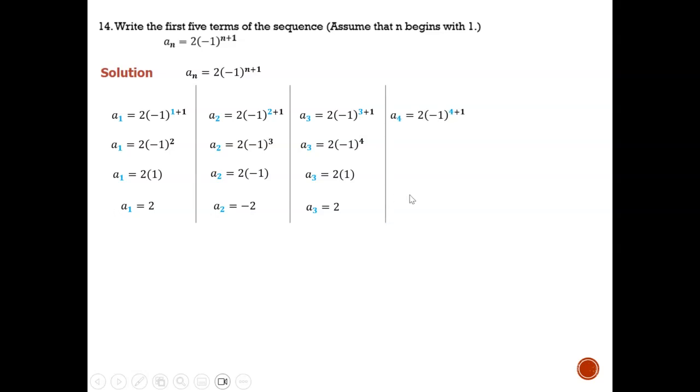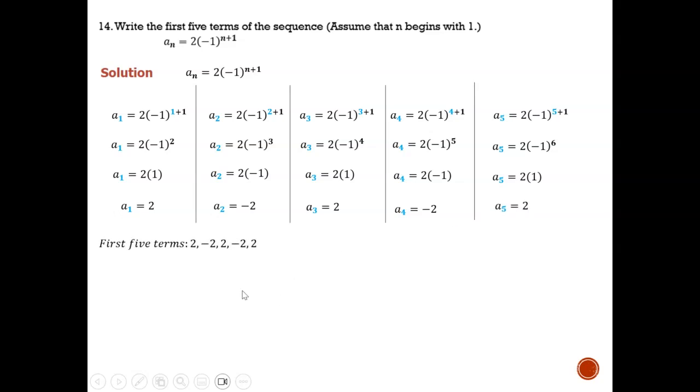Then A4 is going to be negative 2, because every negative number to the odd power is negative, and every negative number to the even power is positive. That's why it alternates from 2 to negative 2. So this will give us positive 2.